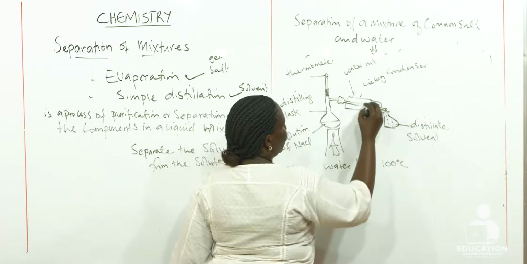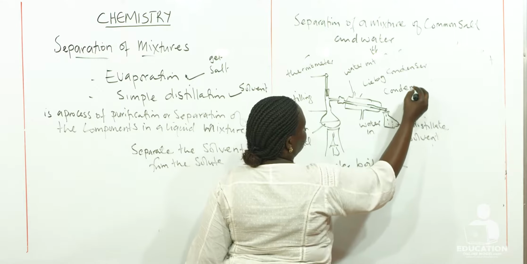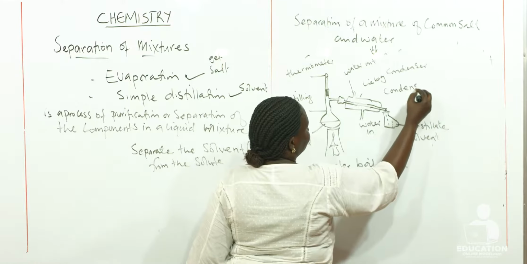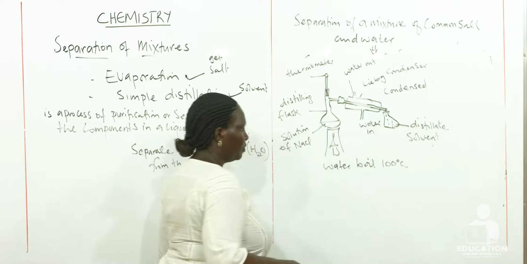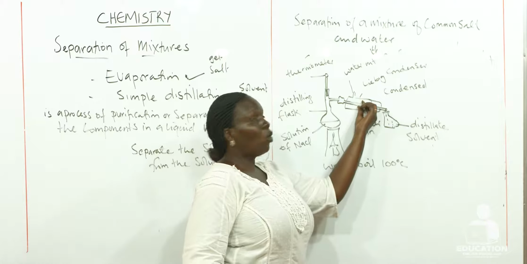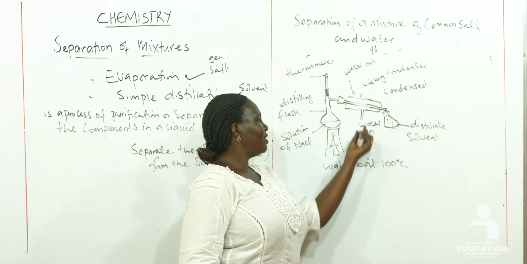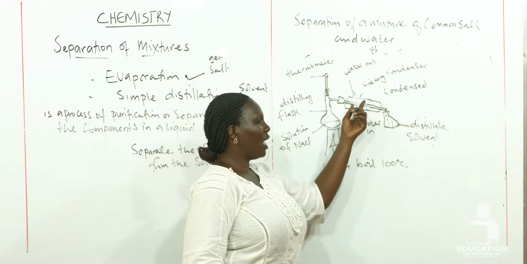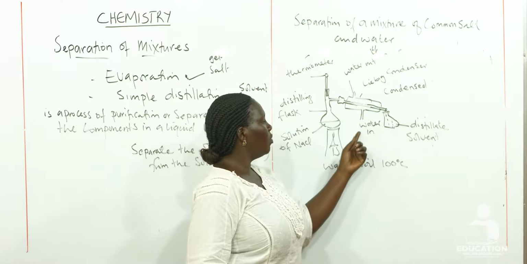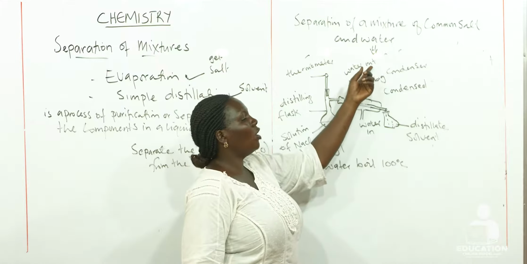The work of the condenser is to condense the gas. And the condenser condenses the gas through the cooling system, that is the movement of water in and out. So water in is the cold water and water out is the hot water.